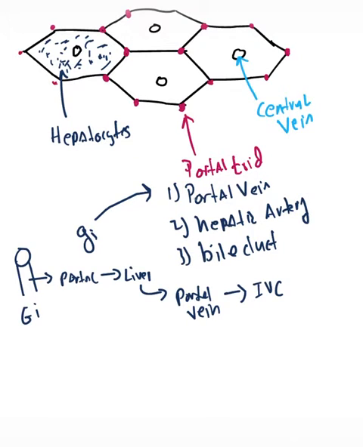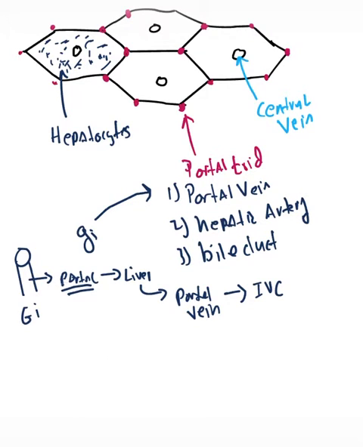Okay, so this is kind of an interesting and unique thing that happens here: you actually have venous circulation coming into the liver. That's important because the liver is so metabolically active that we want to metabolize stuff that is being absorbed through the GI tract.